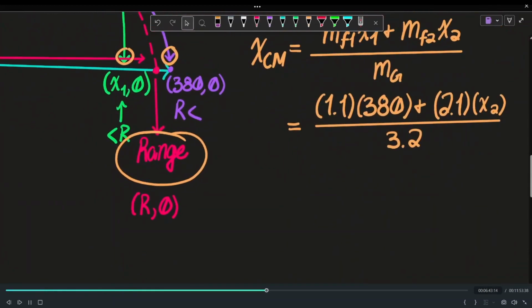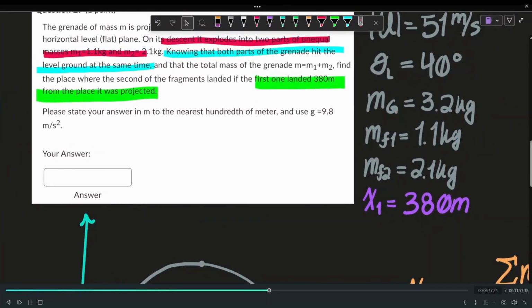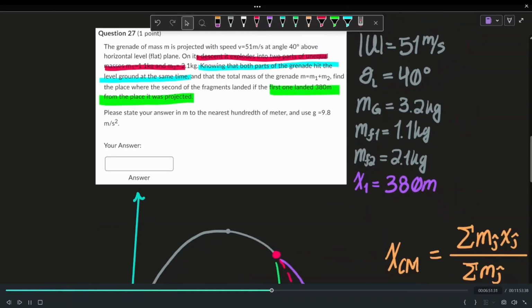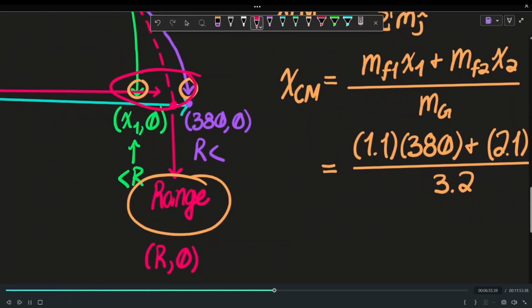So what does this mean for us? Well, if both fragments broke off, regardless of unequal mass distribution, they're both part of the same object. So their average, weighted by mass, the center of mass, would be right here. One lands here, but the average of the two would be here.